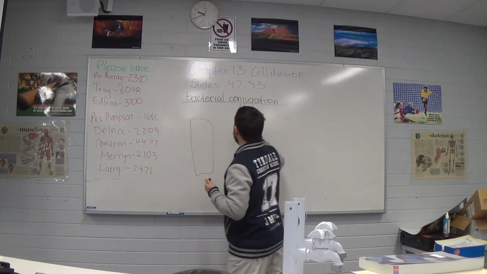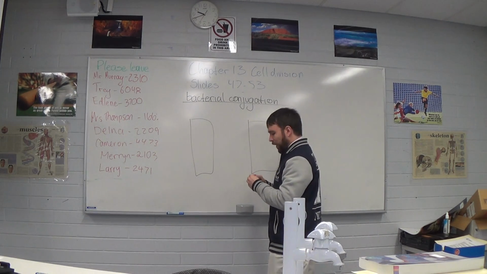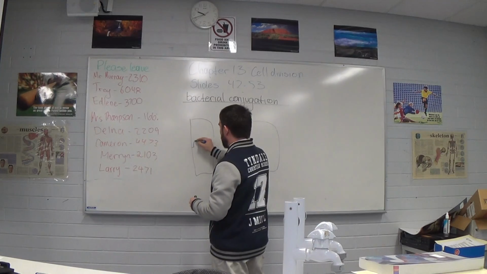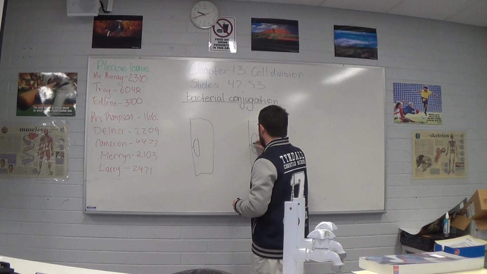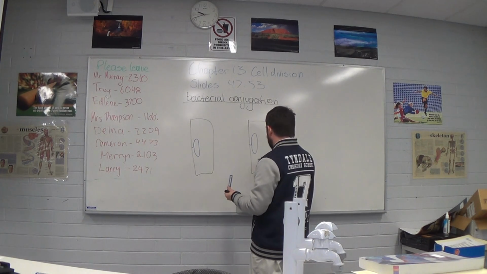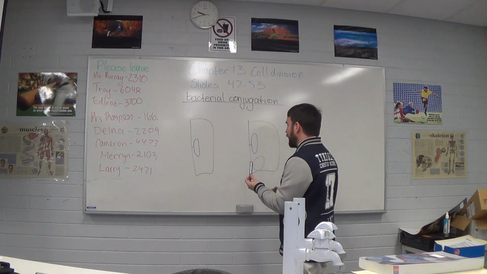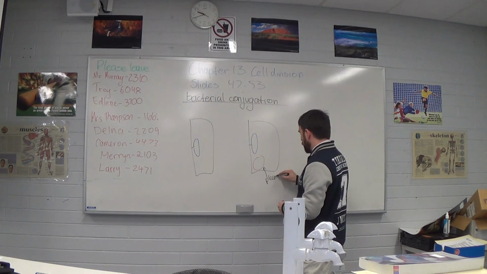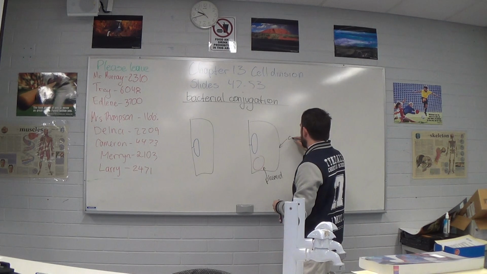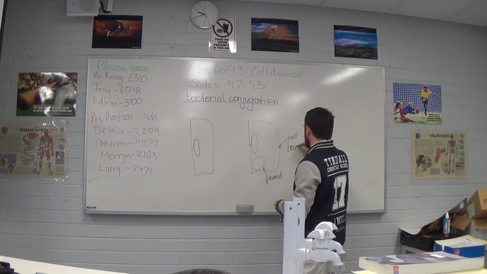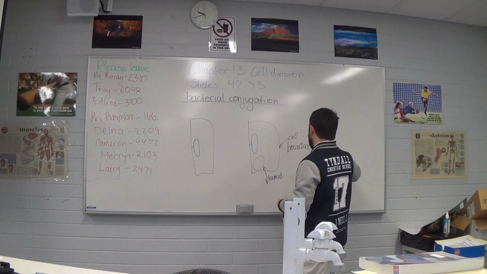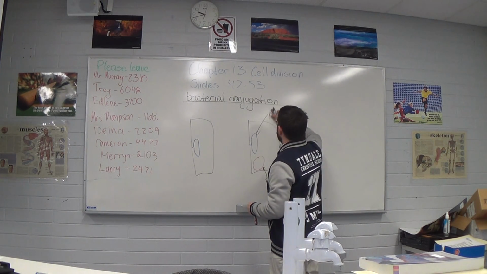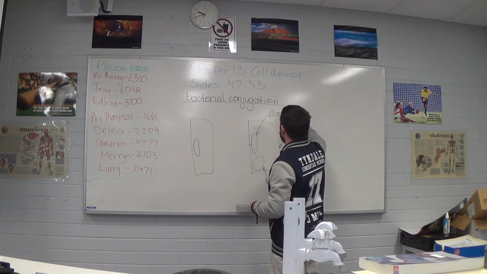And this time we won't draw the cell membrane with the cell wall, just because it's time consuming. So once again we've got our chromosomes, and this time one cell has a second structure. So the second structure is called a plasmid. Again, we'll just call that the cell boundary. So it's made up of the cell membrane and the cell wall. And then here is our bacterial chromosome.